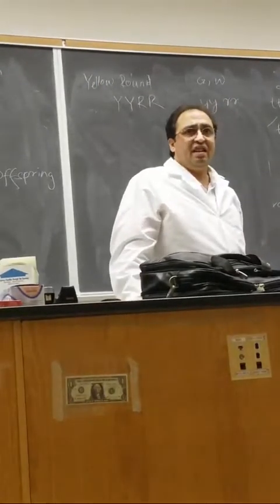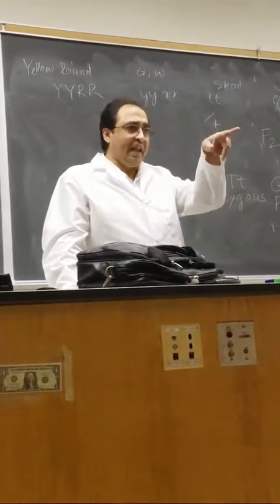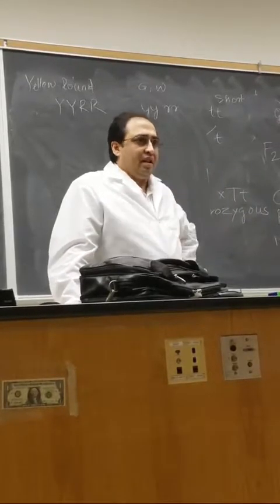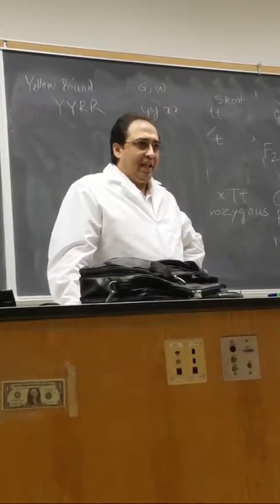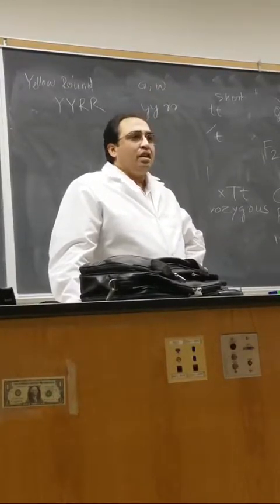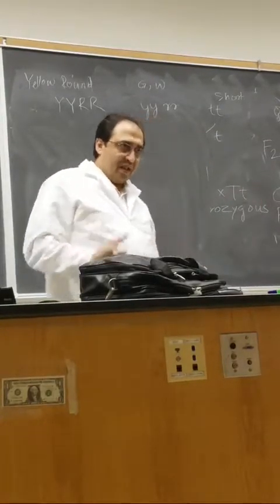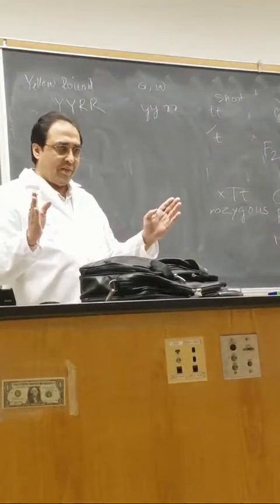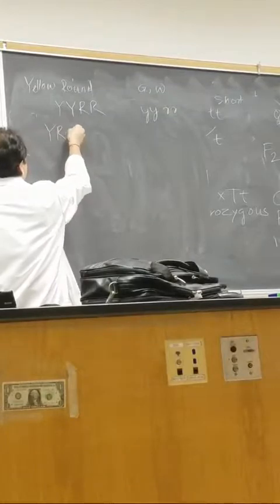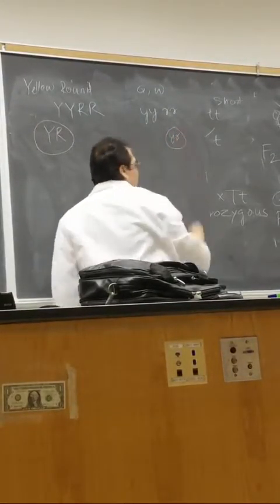Is that correct? Yes, because it's going to be only half. So YR in one cell, instead of having the two, it's just the one. The homologous chromosomes will separate during meiosis. So it would be YR. This is the gamete, and from the other parent, the gamete is this.